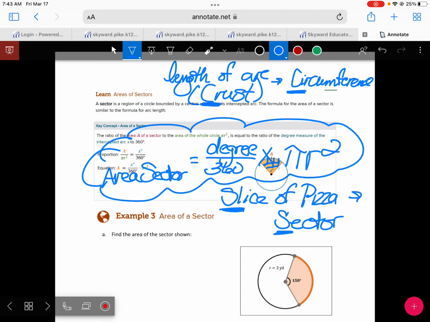So put a big cloud around that formula. That's going to be a very important formula. So it's the measure of your arc, or the measure of your angle, out of the whole pizza, 360 degrees, times pi r squared, the area.